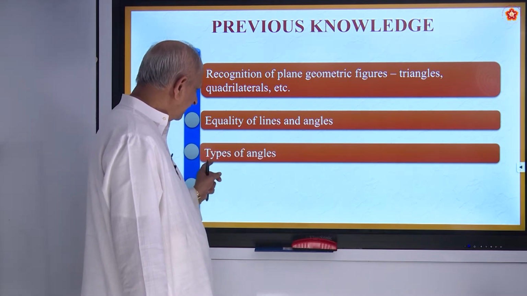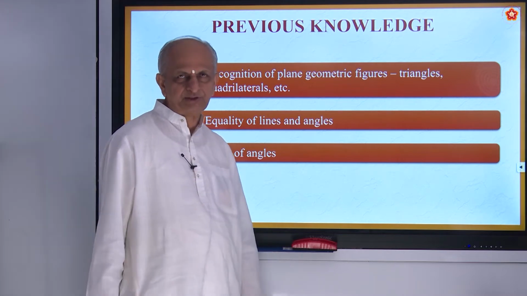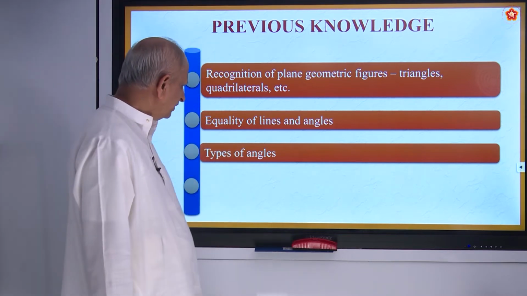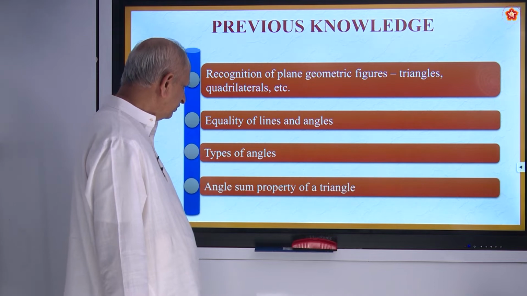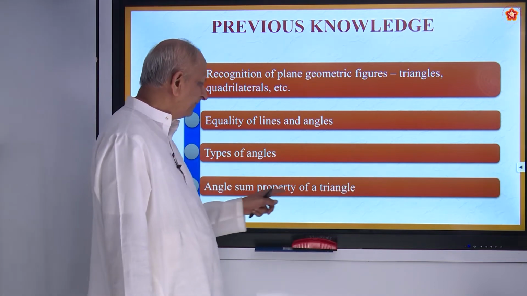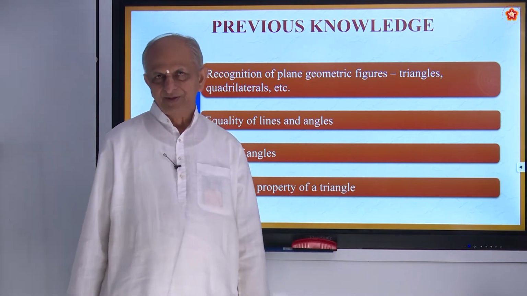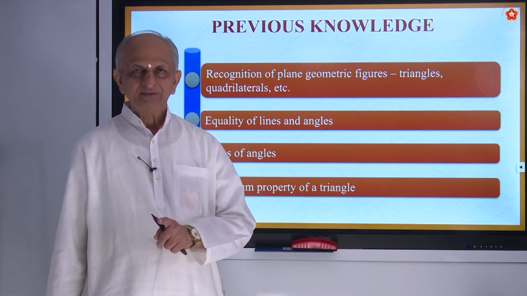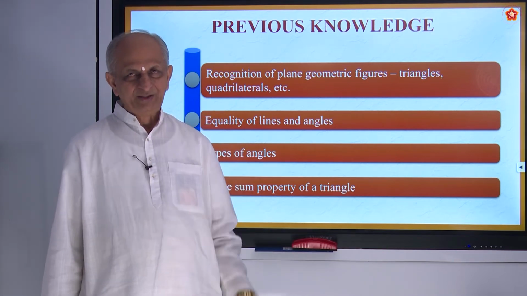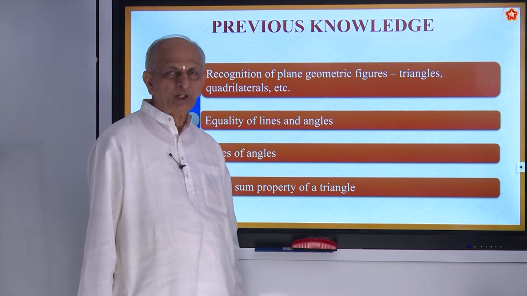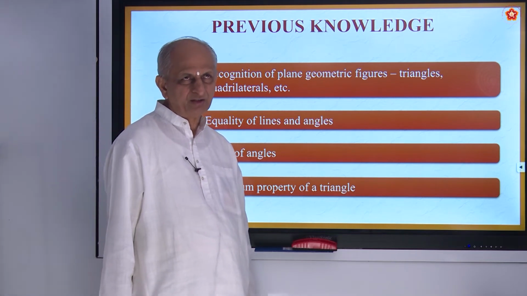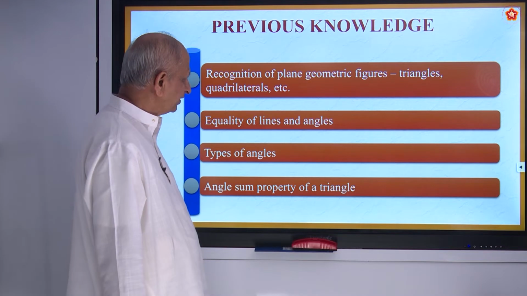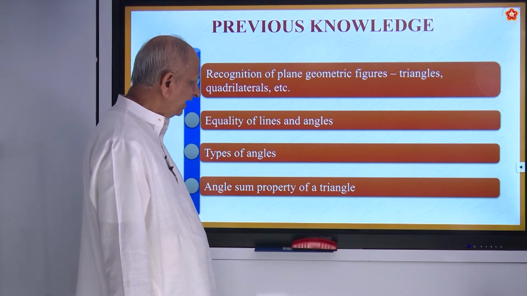And types of angles, just now we discussed, and also we have studied about the angle sum property of a triangle. In a given triangle, the sum of the 3 angles is equal to 2 right angles or 180 degrees. We have studied all these things in the previous class.